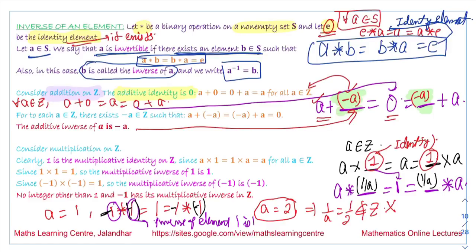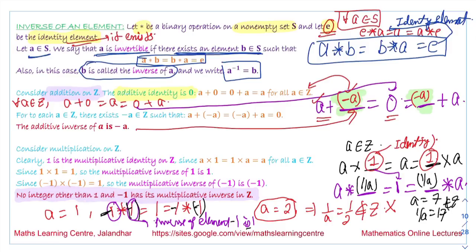So the inverse of element minus 1 is minus 1, and except for these two numbers, the inverse does not exist for any other number. If we consider A is equal to say 7, then 1 by A will be 1 by 7, which is not an integer. So we are saying no integer other than 1 and minus 1 has a multiplicative inverse in the set of integers Z.